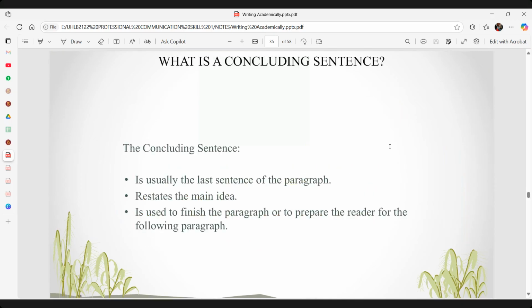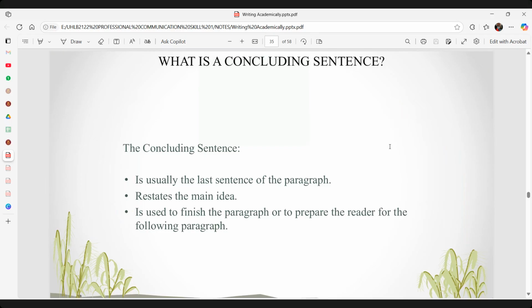Okay, what is a concluding sentence? Concluding sentence, right? Usually the last sentence of the paragraph, it restates the main idea, used to finish the paragraph or to prepare the reader for the following paragraph. So academic writing, or writing academically, is all about flow, is all about following the format, following the structure.